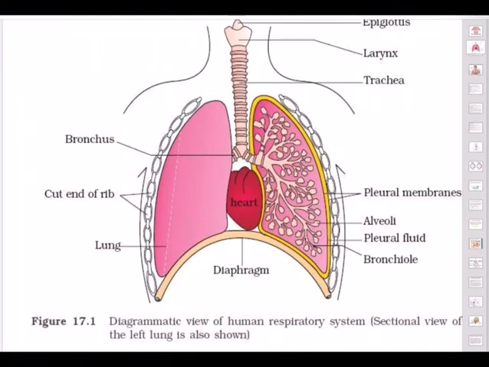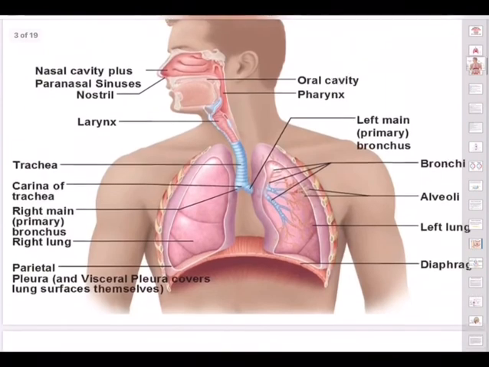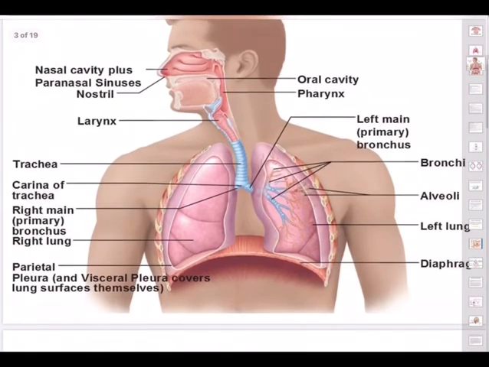And we have got varieties of structures that help in respiratory mechanism. Like for example, in protozoans, it is the plasma membrane. We say organs of respiratory system. You can see here. In our case, it is lungs. What about in lower animals? In protozoans, it is plasma membrane.